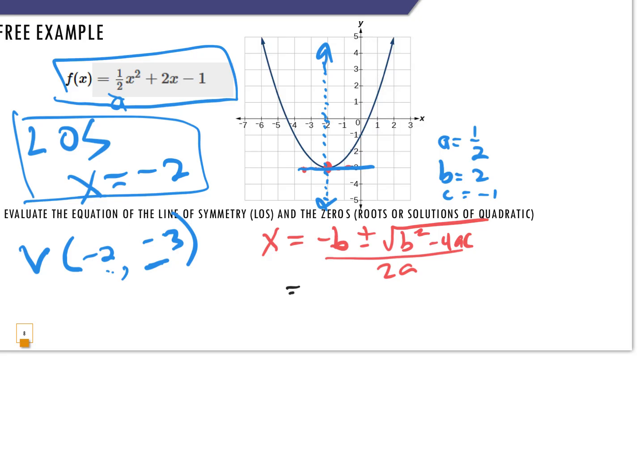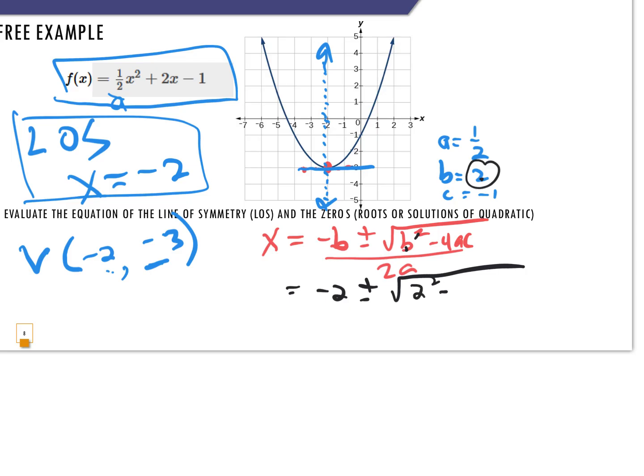Let's plug everything in. The opposite of 2 is -2, plus or minus the square root. b is being squared, and since b is positive, you don't have to fear. It's just a 2 being squared.